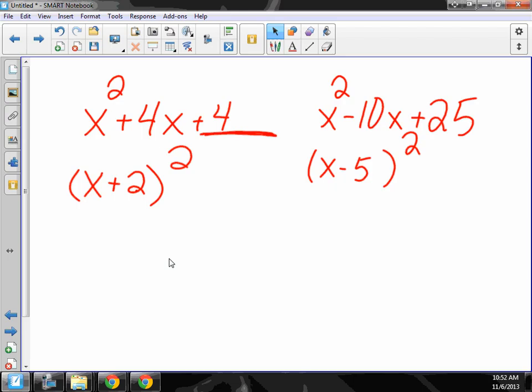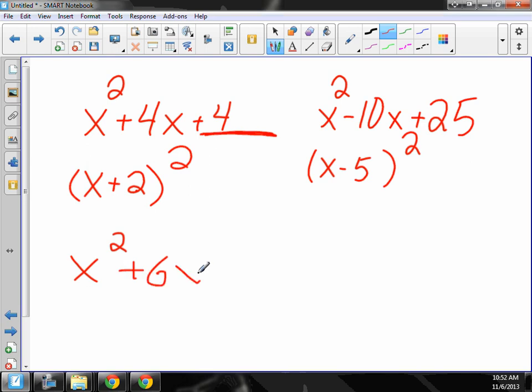So over here, if I had, this is going to be really bad handwriting, sorry, if I had x squared plus 6x, what number goes inside here? 3. And what number makes it a perfect square? Plus 9.